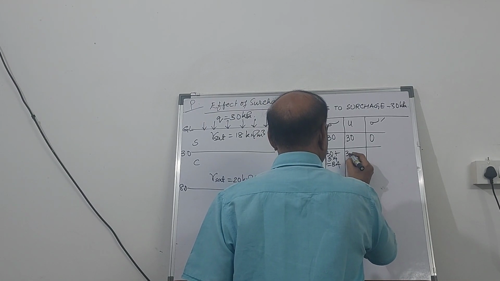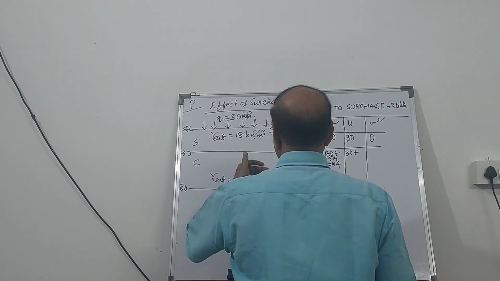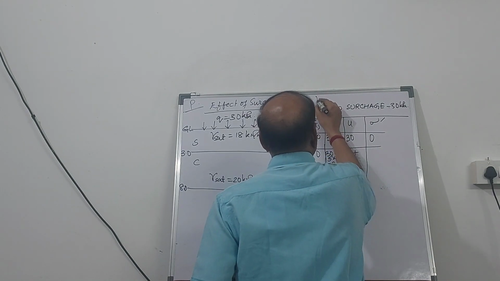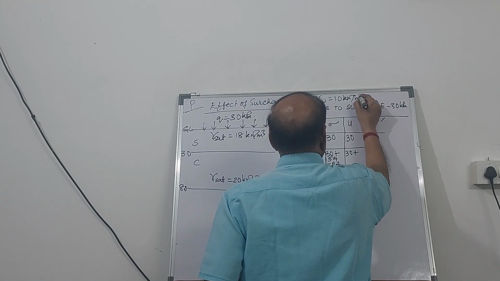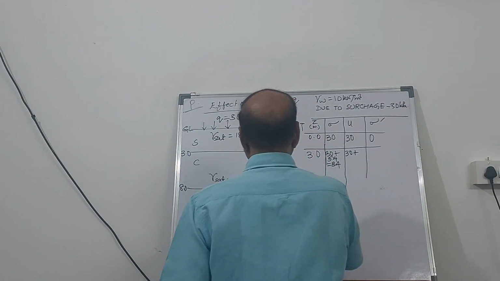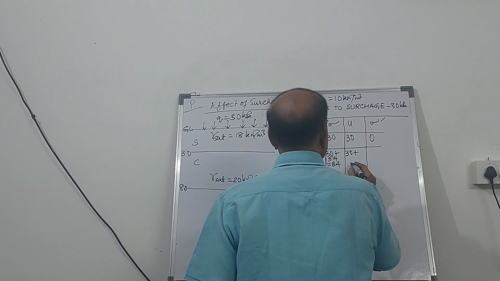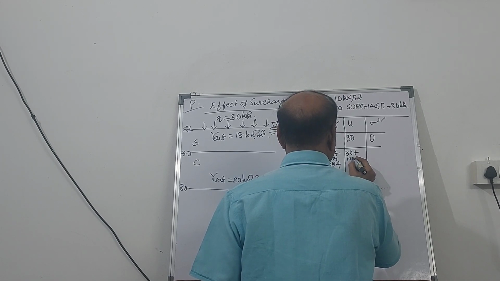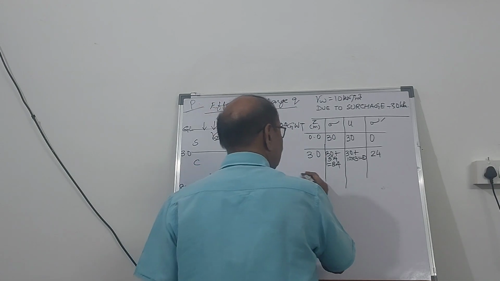And the pore water pressure is 30 plus, now the water table here at 3 meter, if gamma W is given as 10 kilonewton per cubic meter, it will show 10 into 3, so it becomes 60. So the effective pressure becomes 24.